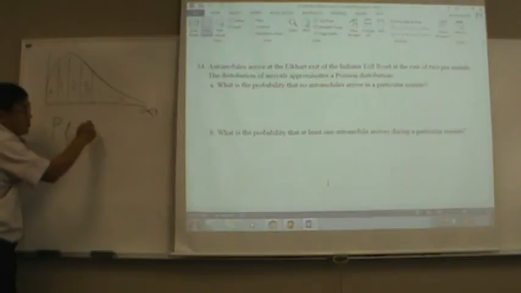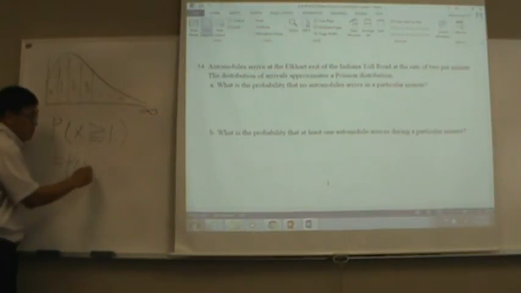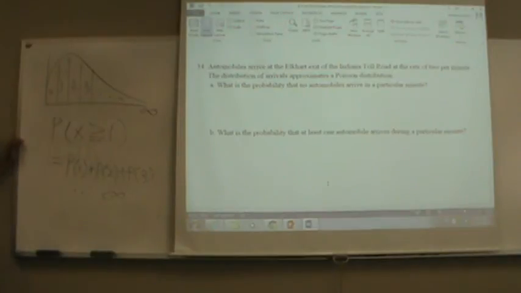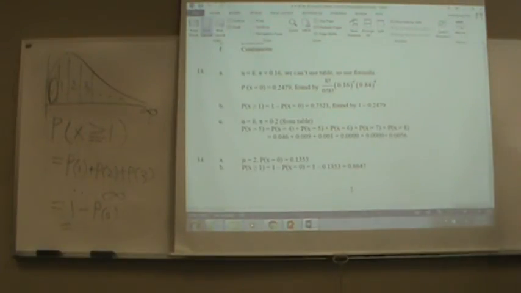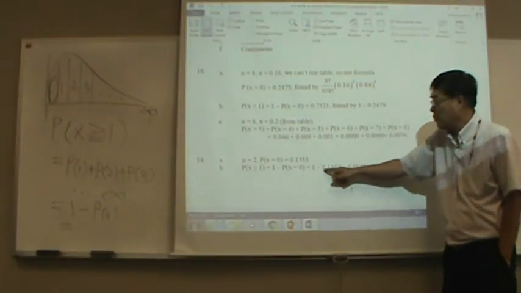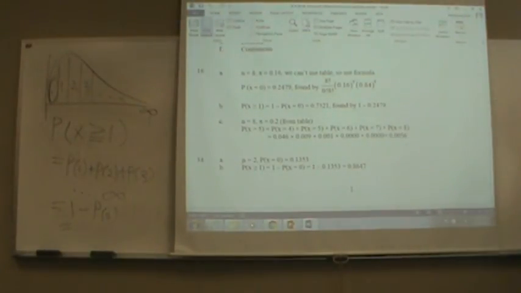So x greater than or equal to 1 equals p of x equals 1 plus p of x equals 2, plus p of x equals 3, up to infinity. So the better way is 1 minus the total, only p of 0, which we already found. The answer is 1 minus p of x equals 0. P of 0 is 0.1353. So 1 minus 0.1353 equals 0.8647, 86.47%.